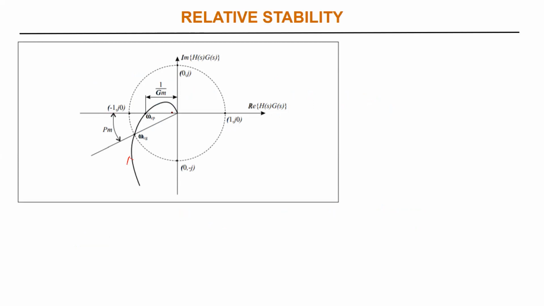The gain margin is basically, if I assume this is A, from here to here, the magnitude A, and suppose this is X, from this point to this point, X.